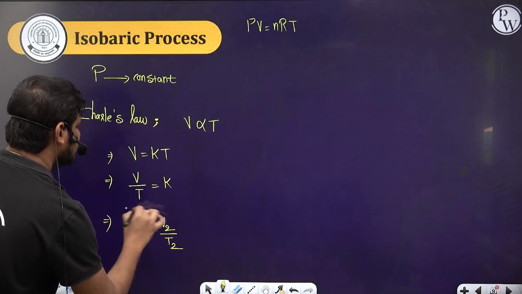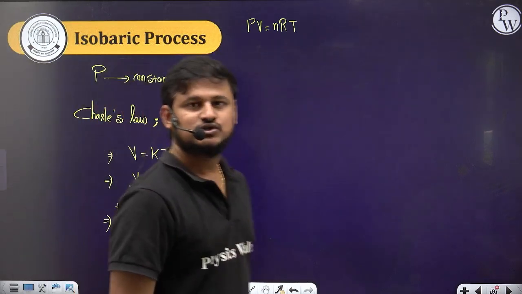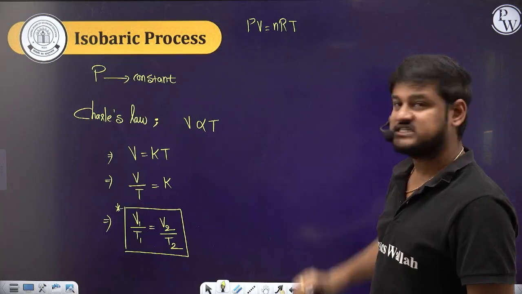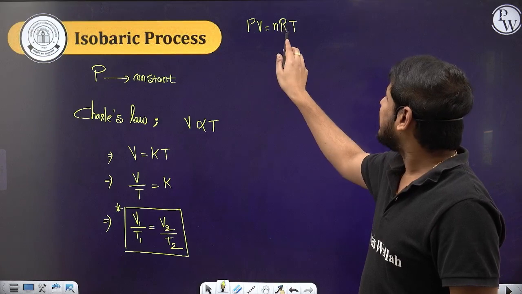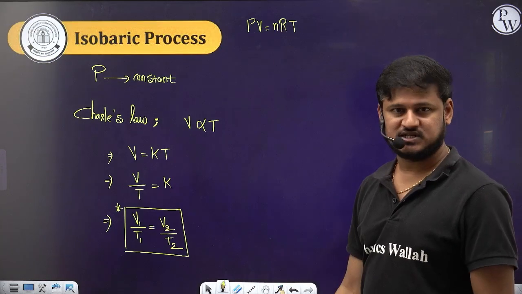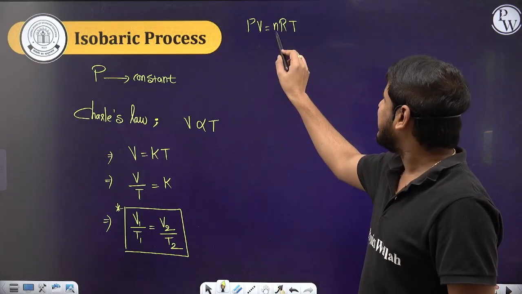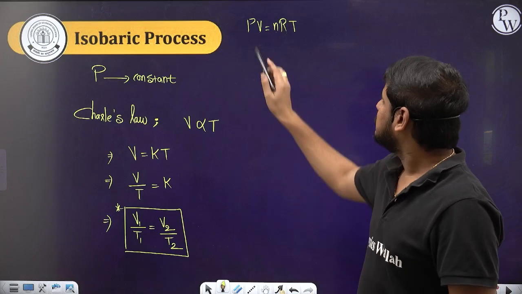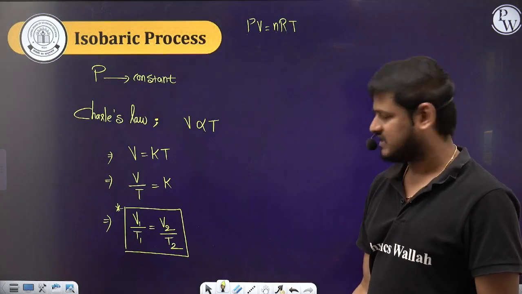So always remember this ideal gas equation. If it's the isobaric process, the pressure is going to be constant and nR always constant, so the volume is directly proportional to temperature. If it's an isochoric process, volume is going to be constant and n and R are already constant, so pressure will be directly proportional to temperature. We'll discuss that.